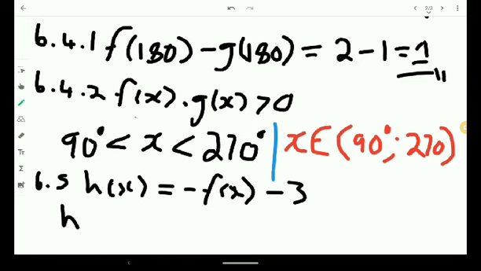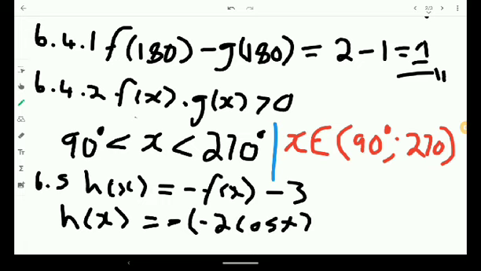So h at x is going to be equal to f at x. I just put minus in front. f at x is equal to 2 cos x. And then it should be moved 3 units down.